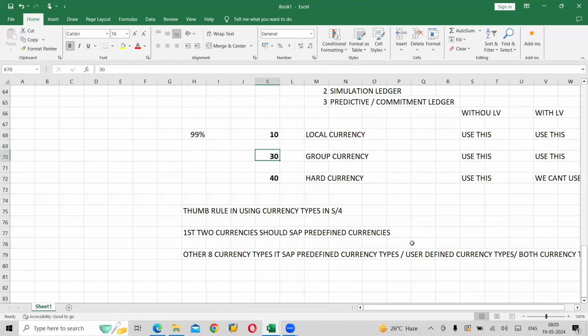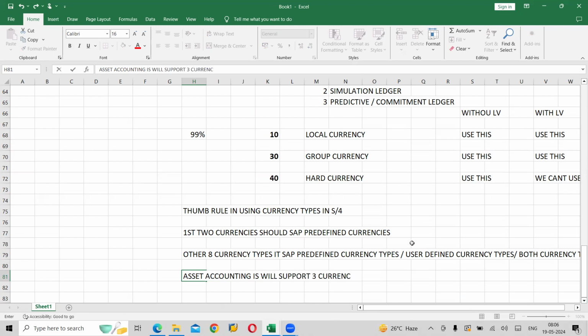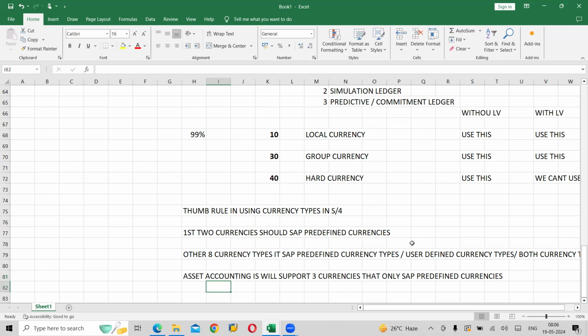Asset accounting, in ECC or S/4HANA, will support 3 currencies, and as we saw, those are only SAP predefined currencies. It will not support others.